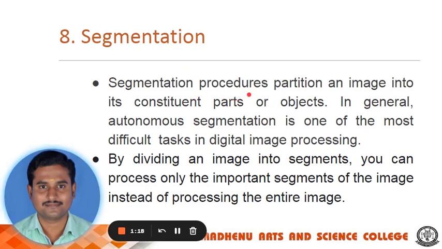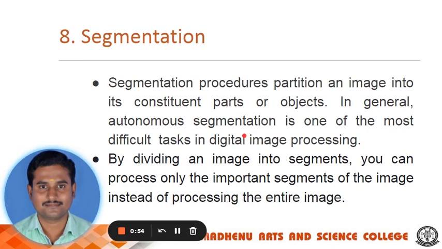So next one is segmentation. Segmentation procedures partition an image into constituent parts or objects. Segmentation is nothing but dividing an image into subparts. Why do we have to divide the image into subparts? It is easy to process the image. Suppose when you are processing the whole image, it's difficult to extract useful information.